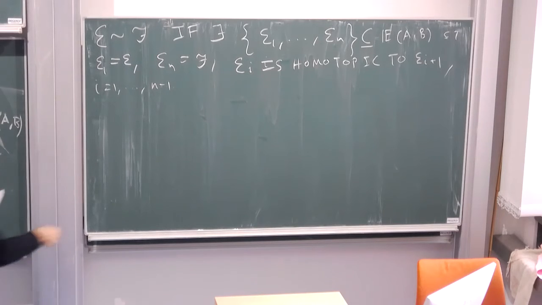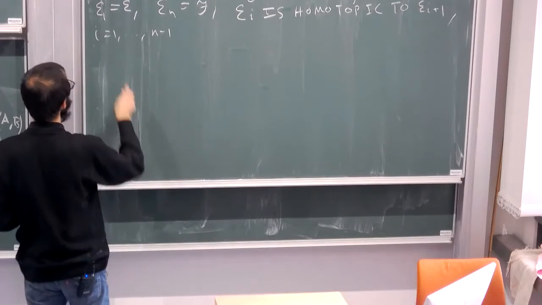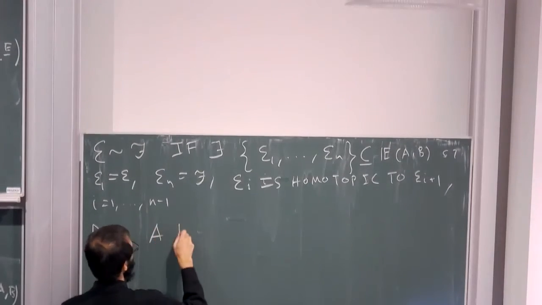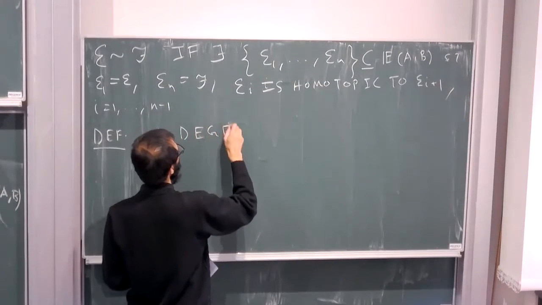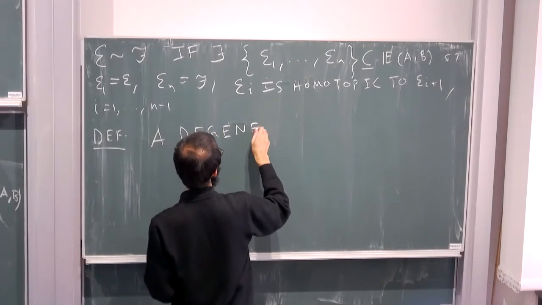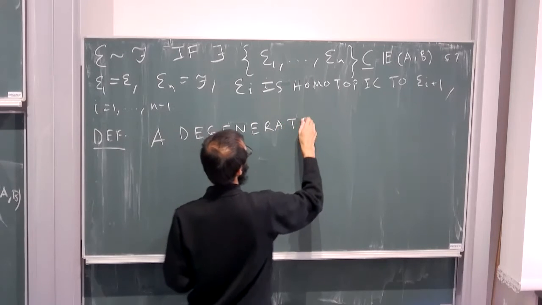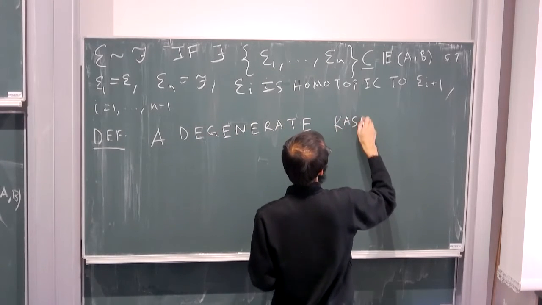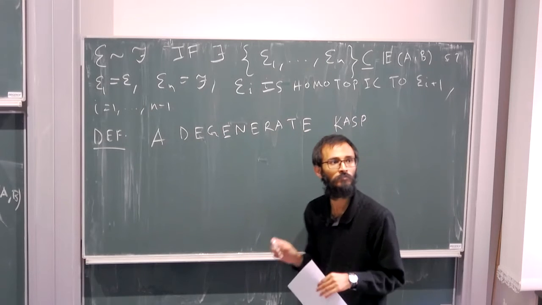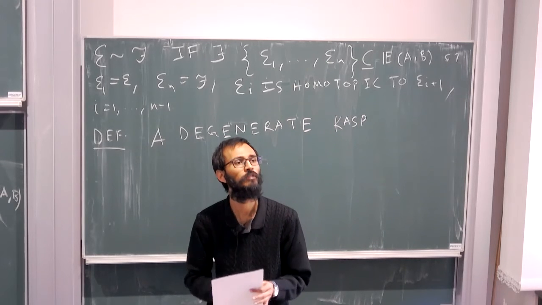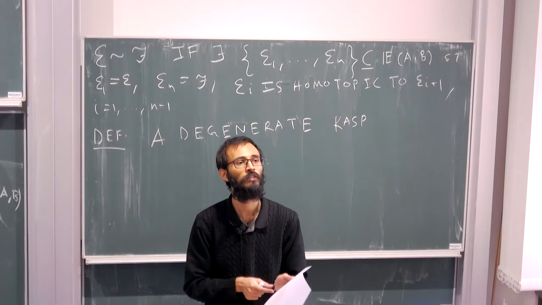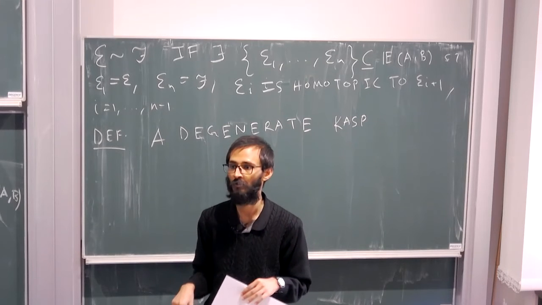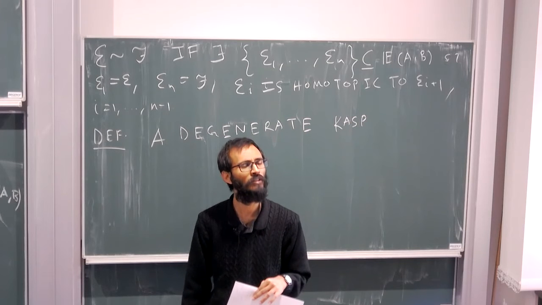One more definition, then we can define what the Kasparov groups are. Degenerate. If B is unital, we can ignore.